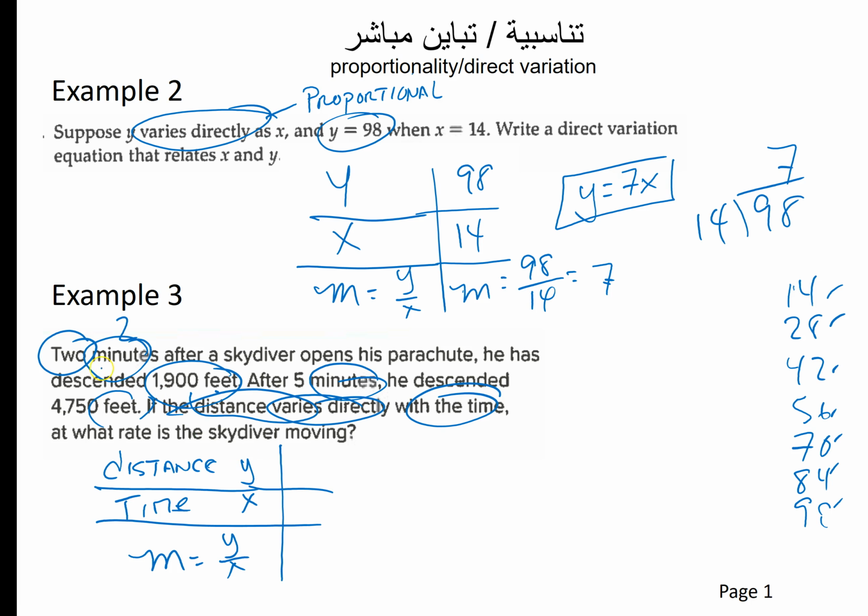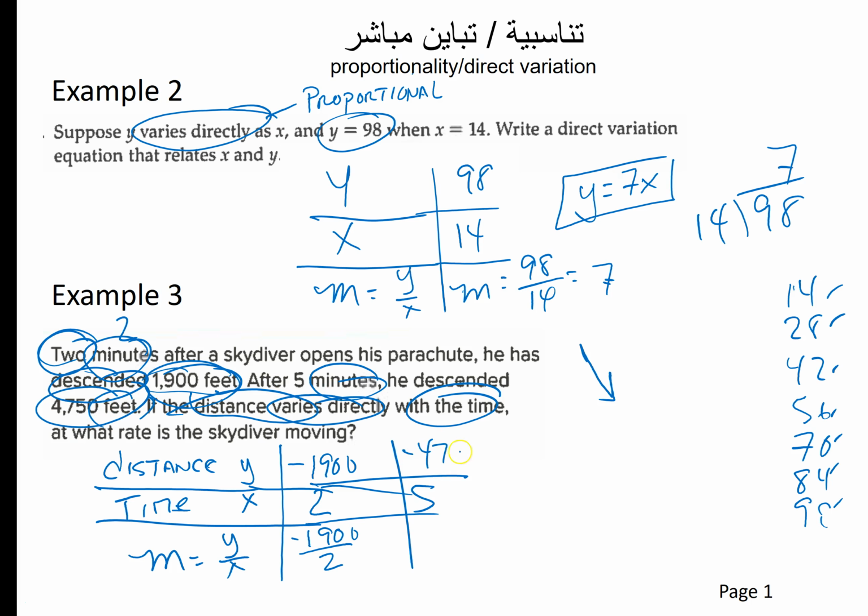So what's my distance? Well, I know my first distance is 1900 feet, but it descends, which means it goes down. So it's minus 1900, and my time is 2. So my slope is negative 1900 divided by 2. The next one says 5 minutes descends 4750. So my slope must be minus 4750 divided by 5.